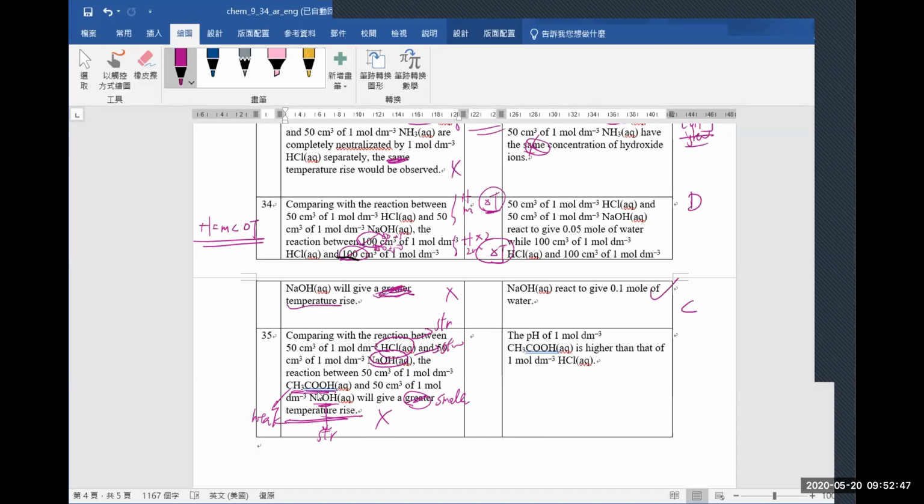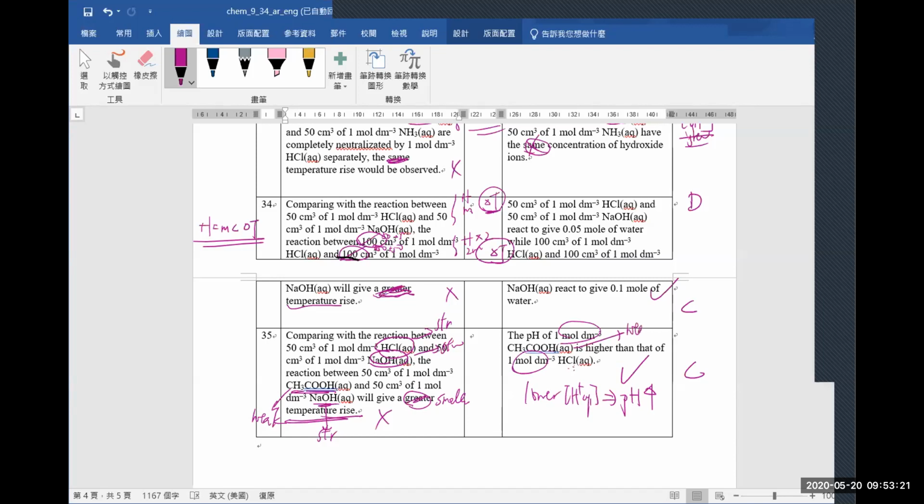The pH value is higher than that. It is 1 molar, okay? It's correct. It's C. Why? Lower concentration of hydrogen ion, which means the pH value is higher. Why do you compare these two? The hydrogen ion concentration, they are not the same.